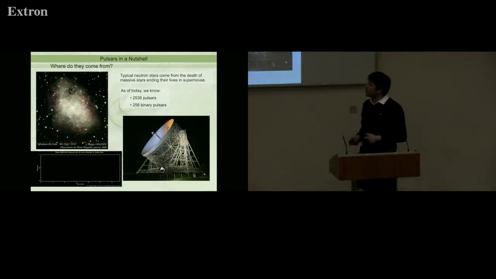We call it the Crab pulsar, because that nebula is commonly referred to as the Crab Nebula. That one was found in 1968, but the first pulsar was found a year earlier, in 1967. Jocelyn Bell, a graduate student at Cambridge back in the day, was the one who discovered the first of these pulsars.